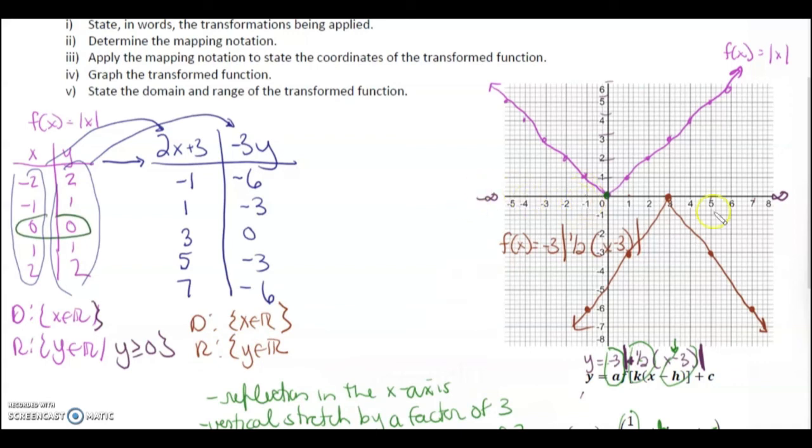We're going to go in the left and right directions forever. And for the y, we're going to look at this reference point, (3, 0). But we're looking at the 0 for the y. And because there's a reflection, we're actually going down now. So y is less than or equal to 0.